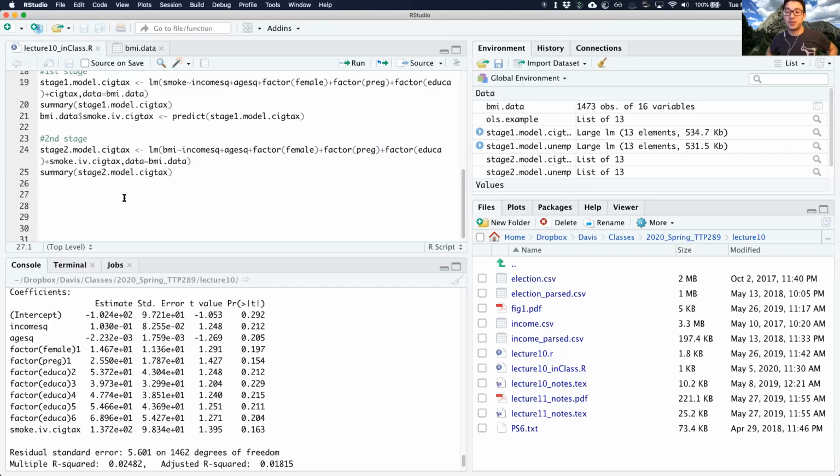Okay, there's a question. So we don't need to make sure each variable is significant in both stages? No, you probably do want to make sure, in particular, the significance of your variable of interest, so the smoking variable.